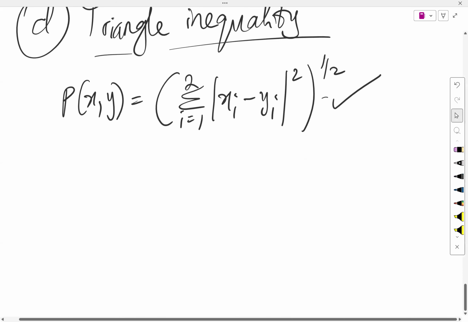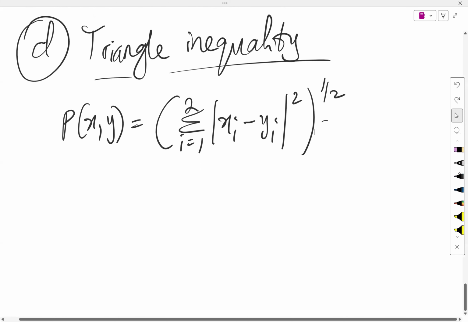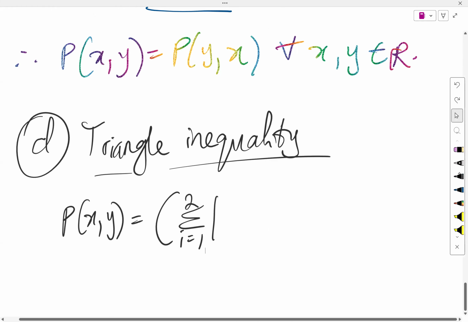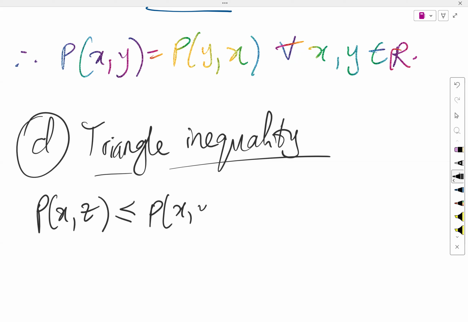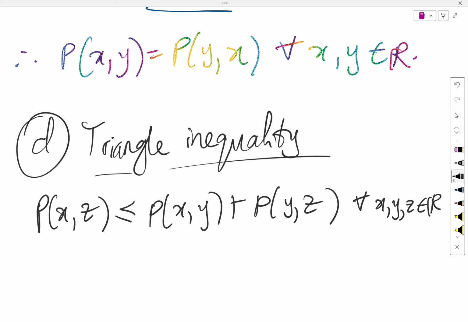And then triangle inequality says that, okay, I think it's better I start with the definition of triangle inequality before I begin to talk about this. So triangle inequality simply tells us that P of xz is less than or equal to P of xy plus P of yz. That's what triangle inequality says for all x, y, z in the real number system.